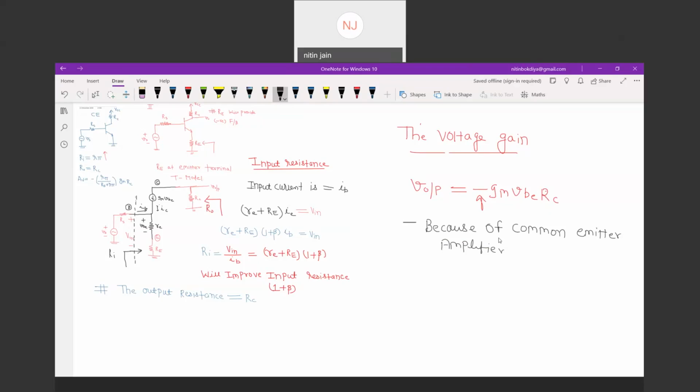Now we are interested in VBE. So what is the value of VBE? So can I say, what is the resistance? RE.